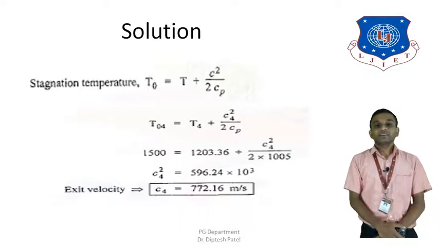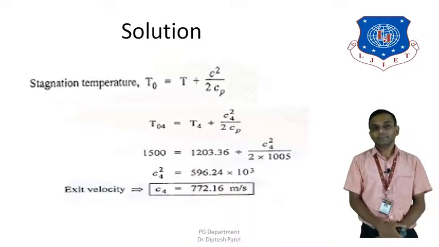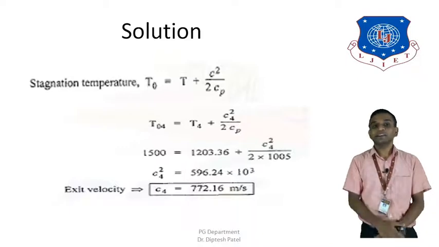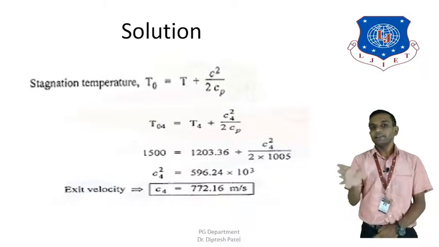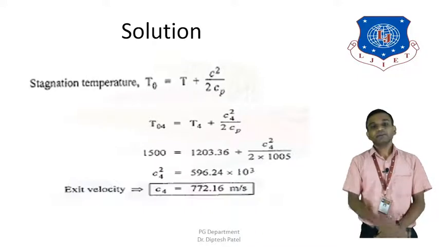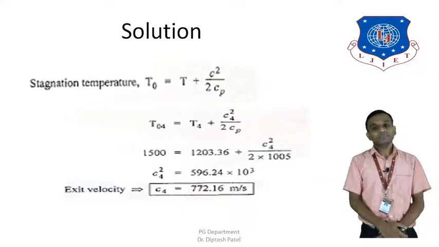Then move forward to the stagnation temperature. TO is equal to T plus C square divided by 2Cp. That is the formula to calculate the stagnation temperature. On that formula, I should be able to write TO4 is equal to T4 plus C4 square divided by 2Cp. Let's put the values here: TO4 is 1500, T4 that we just found is 1203.36, plus C4 square that we need to find, divided by 2 into 1005.